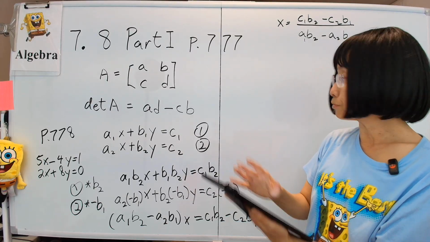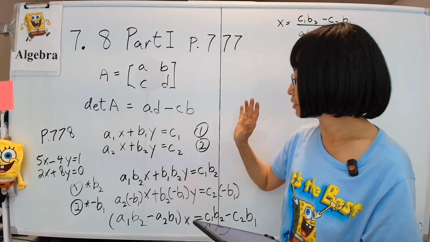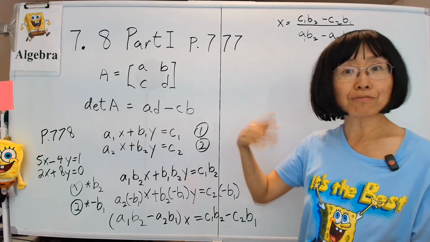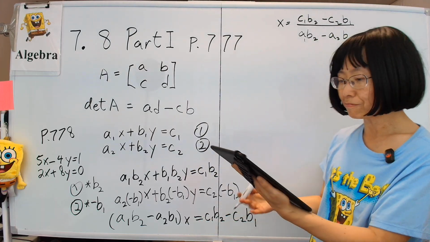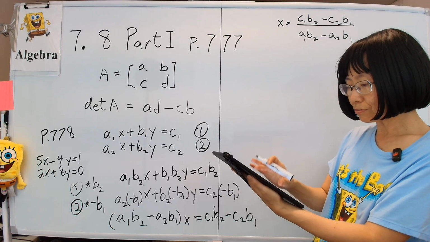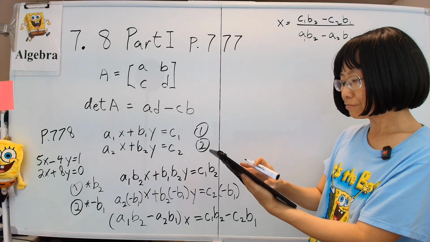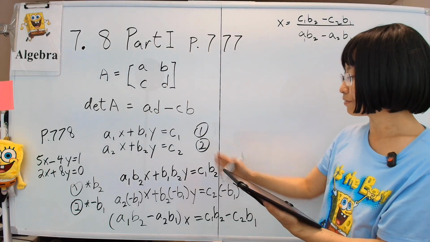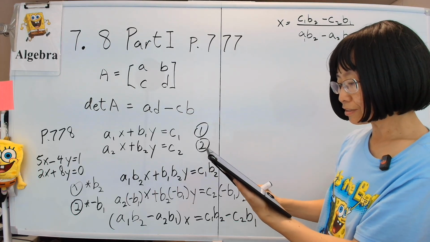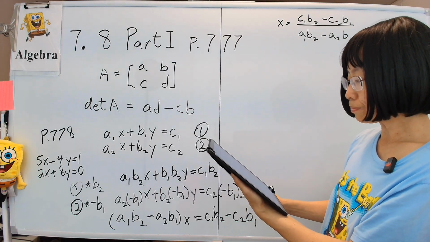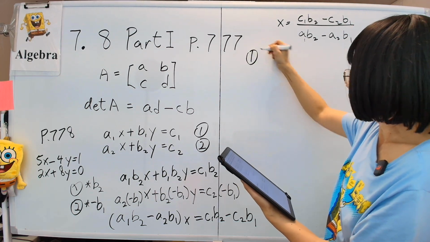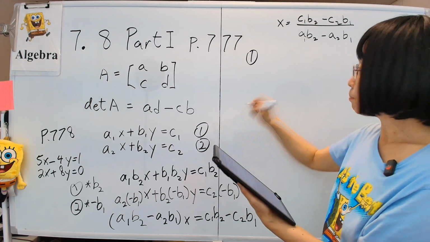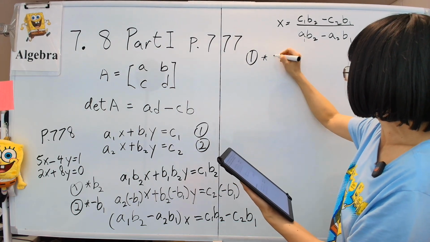So next, we have solved for x. Now, what about y? We'll solve for y in exactly the same way. Towards the bottom of the page, we're solving for y by doing a very similar thing. We'll solve for y by multiplying equation 1 by A2.